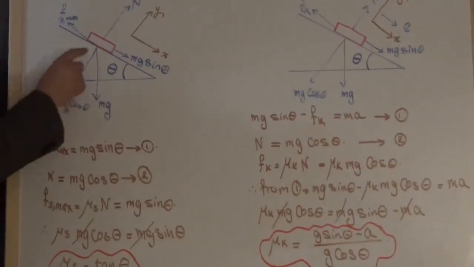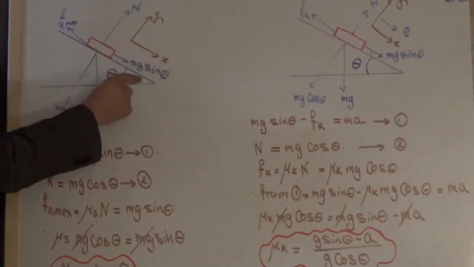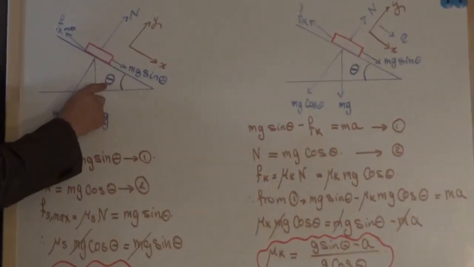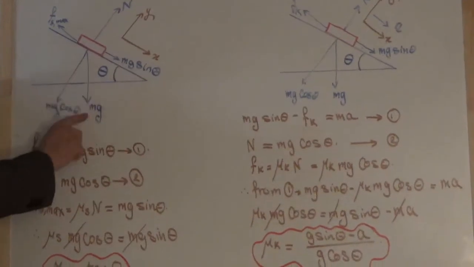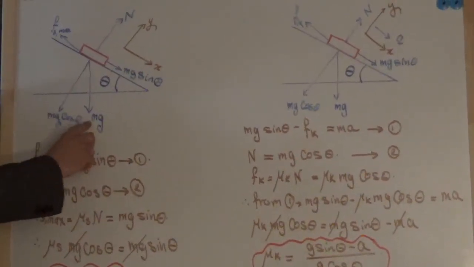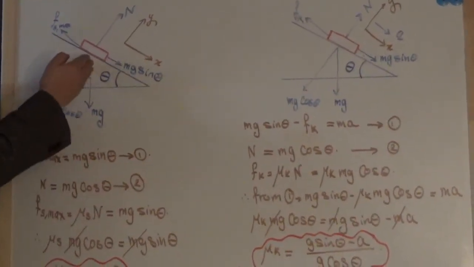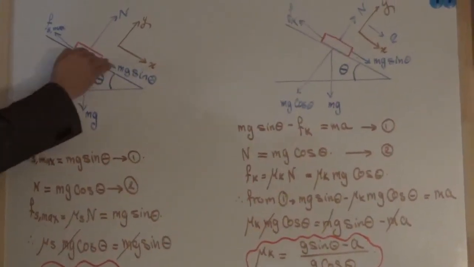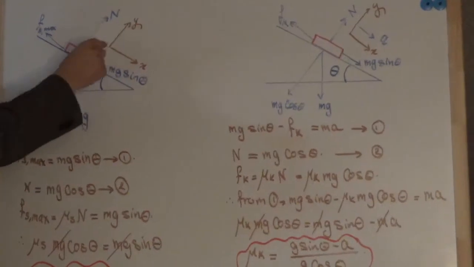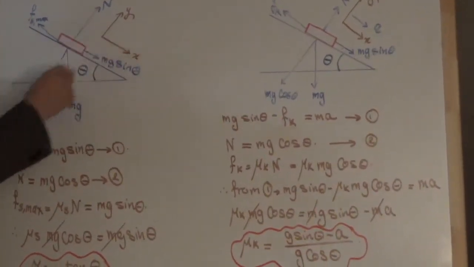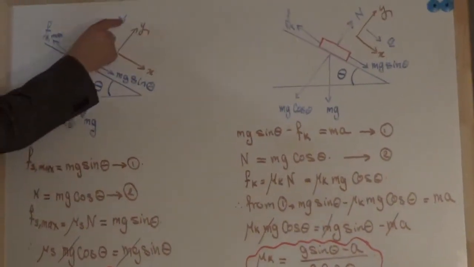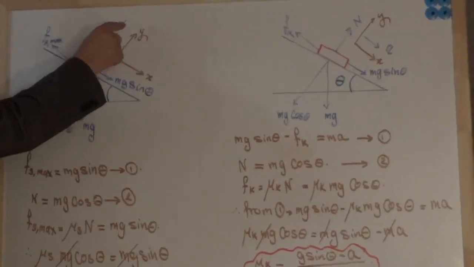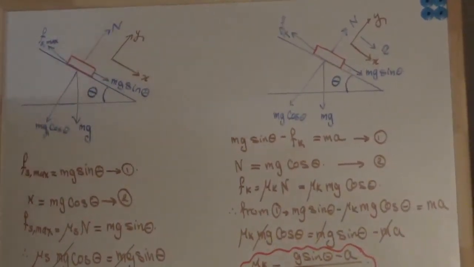And also, guys, we know that the object on the incline with angle theta has weight mg, and this weight mg can be decomposed to y component and x component according to the coordinates that we have right here. And also we have the normal force, as you can see right here.